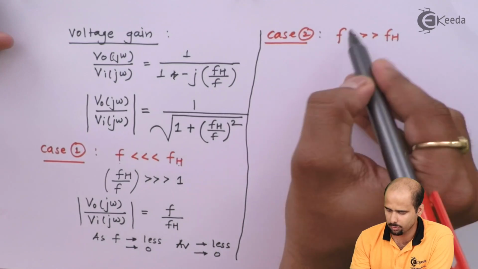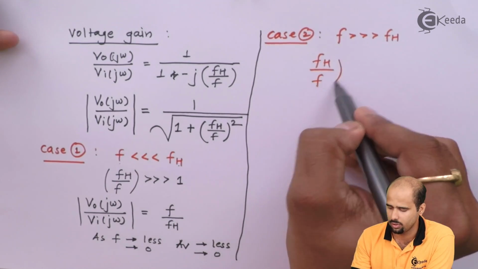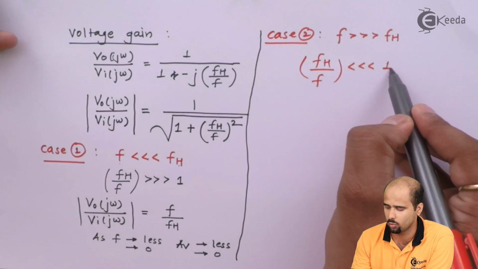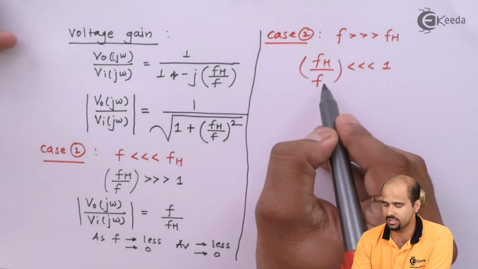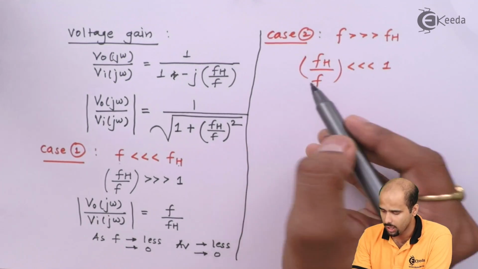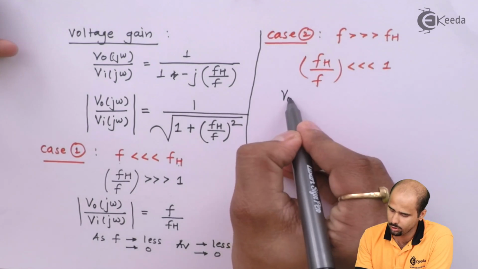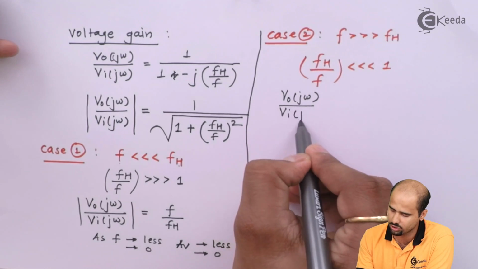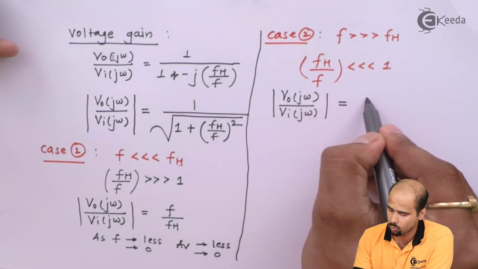I can also say from this particular term, fH divided by f is also much less than 1. If it is much less than 1, I can say that this particular value fH upon f I can neglect, right? So ultimately I will be getting voltage gain as Vo j omega divided by Vi j omega in magnitude terms, that will become 1.